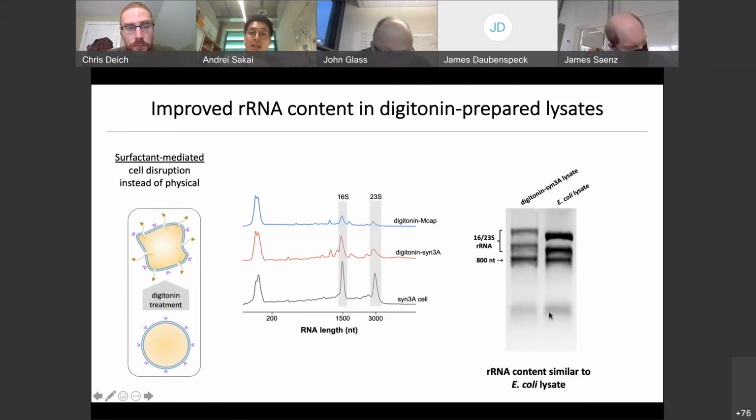So we ran the lysate on this denaturing agarose gel, and we can see that the ribosomal RNA profile is very similar to what we see in the E. coli lysate. But again, here we tested transcription and translation, and even for this digitonin lysate, we cannot see translation. So we still haven't solved the problem, but I think we are probably getting our way to solve it.